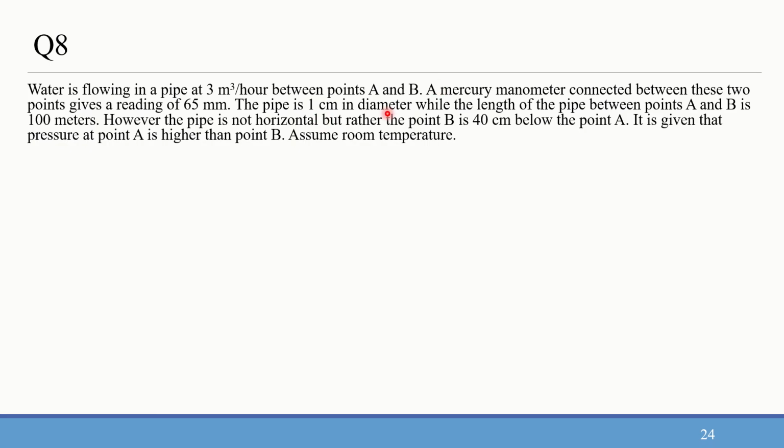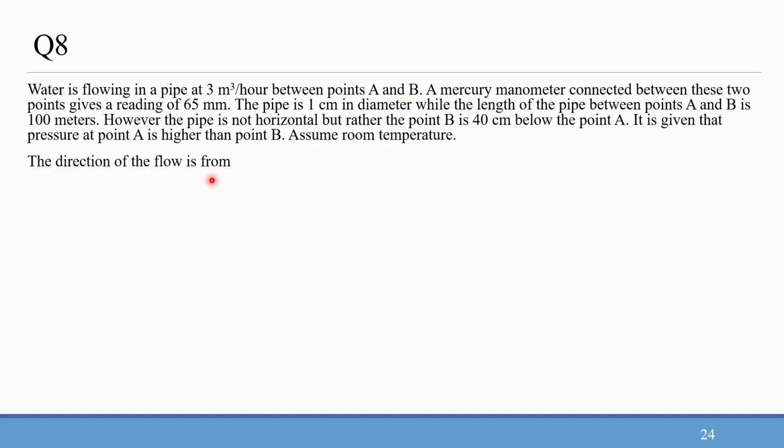Pipe is 1 centimeter in diameter while length of the pipe between points A and B is 100 meters. However, the pipe is not horizontal but rather point B is 40 centimeter below the point A. It is given that pressure at point A is higher than at point B. Assume room temperature. The direction of flow is from dash.